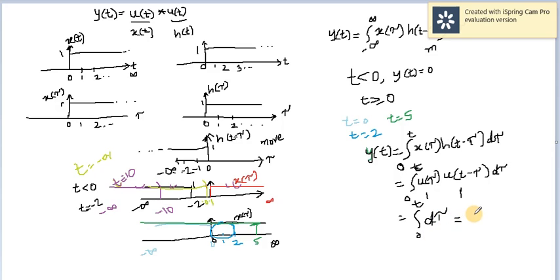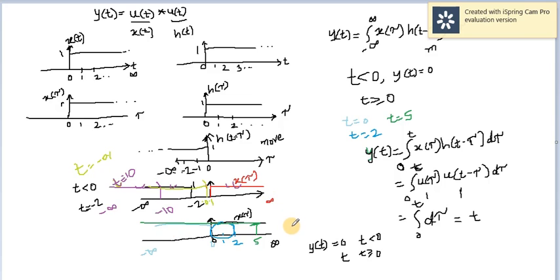So the solution of our problem is like this: y of t is equal to 0 for t less than 0, and it is equal to t for t greater than or equal to 0. The convolution is the process where we need to find where it exists and where it is 0.